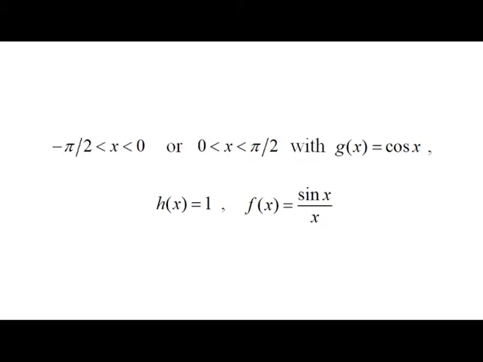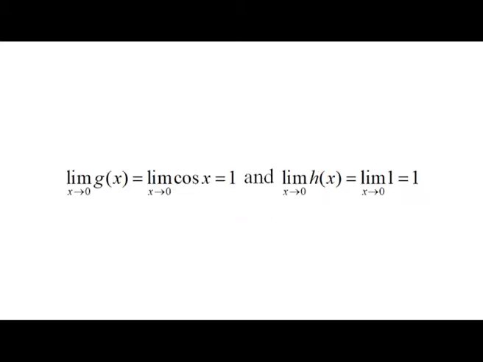That is, for -π/2 < x < 0 or 0 < x < π/2, with g(x) = cos x, h(x) = 1, f(x) = sin x/x is sandwiched between g(x) and h(x), where the limit of g(x) as x approaches 0 equals the limit of cos x as x approaches 0, which is 1, and the limit of h(x) as x approaches 0 is the limit of 1 as x approaches 0, which is equal to 1. Hence, by the squeeze theorem, the limit of sin x/x as x approaches 0 is 1.